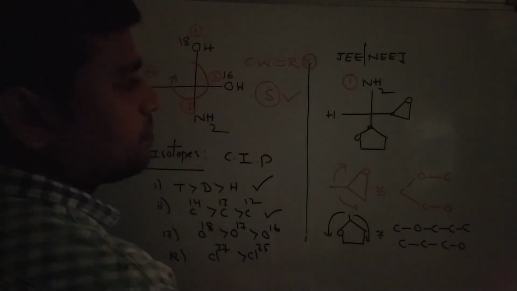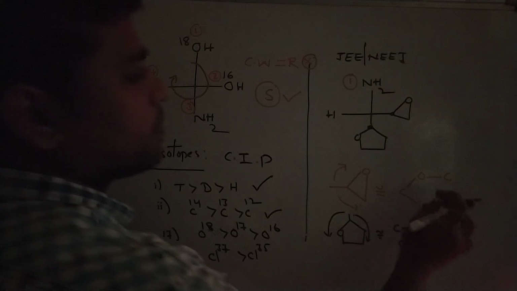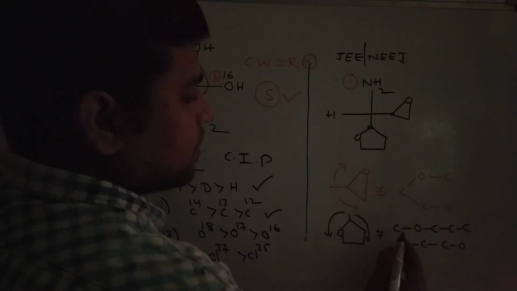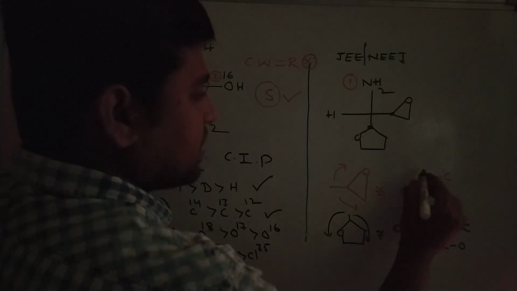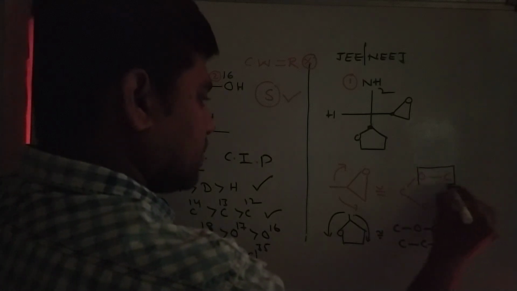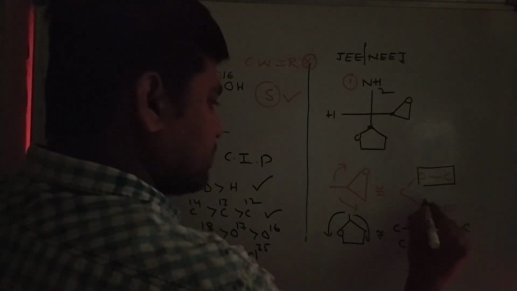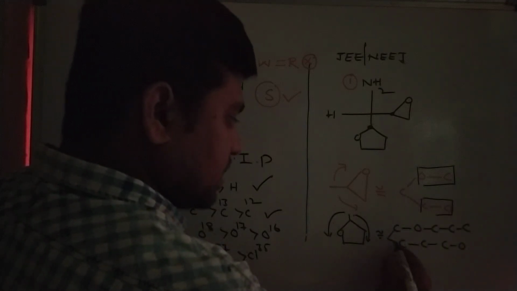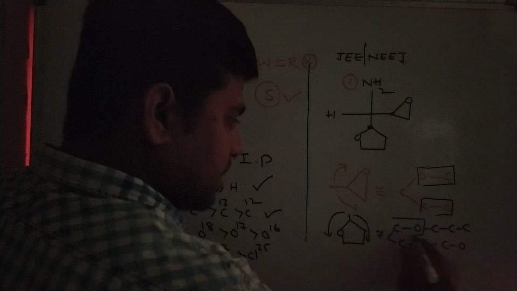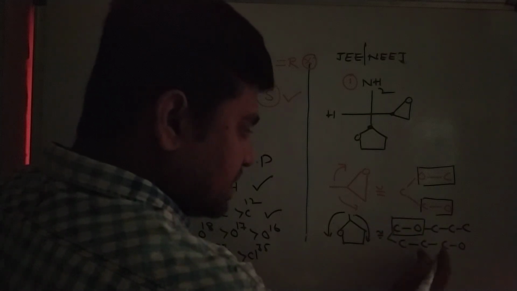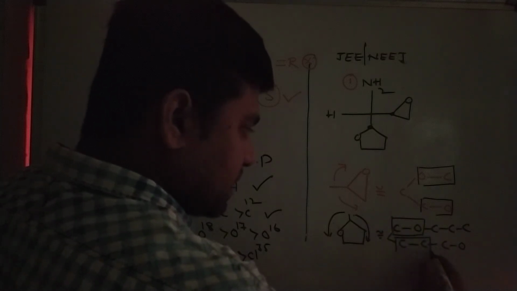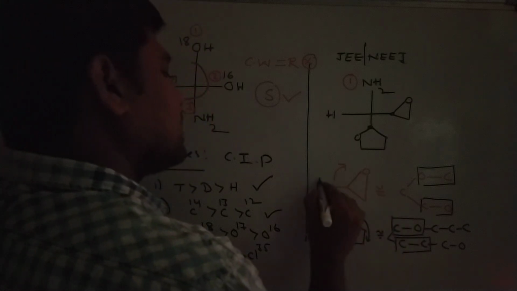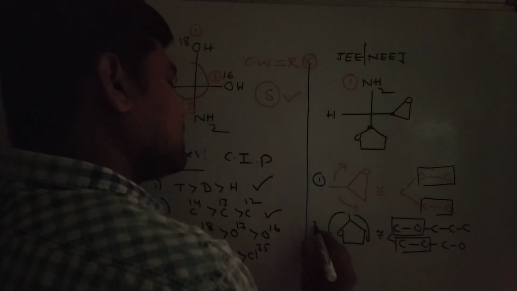See students, here, now in this oxygen, carbon. Here carbon after oxygen, here carbon oxygen, here carbon oxygen, but in this direction carbon after carbon, so this will get first priority, and this is the second priority.